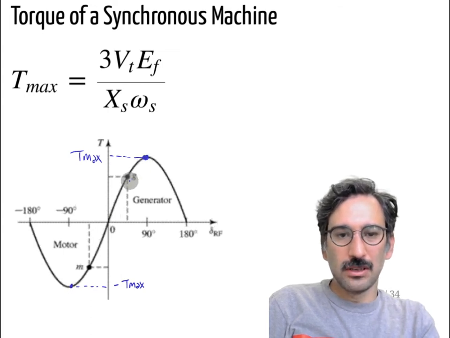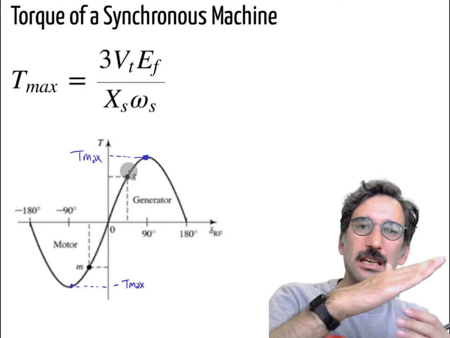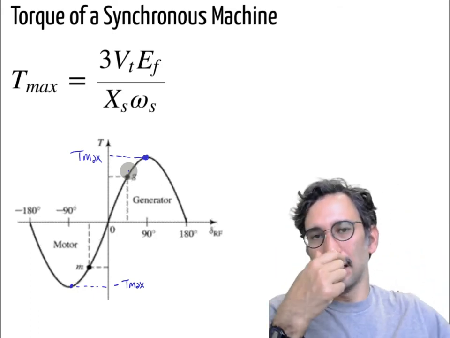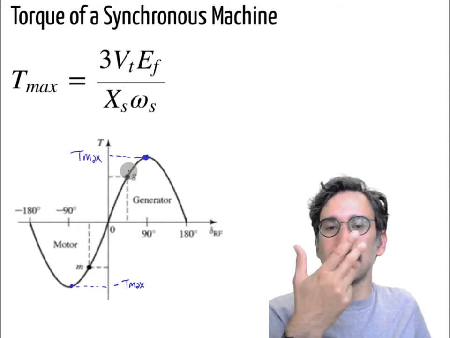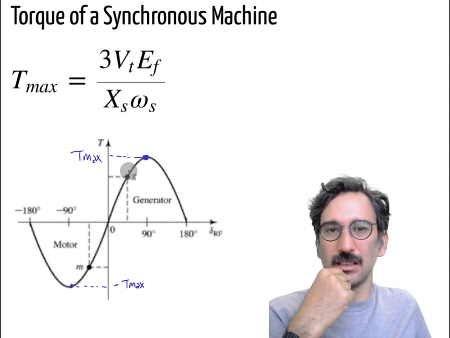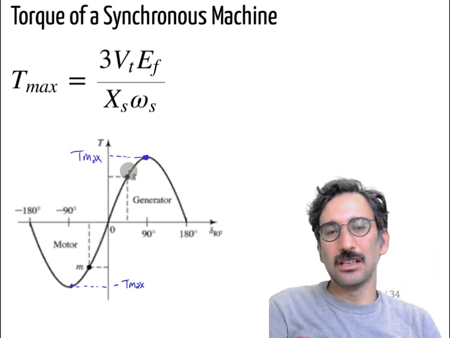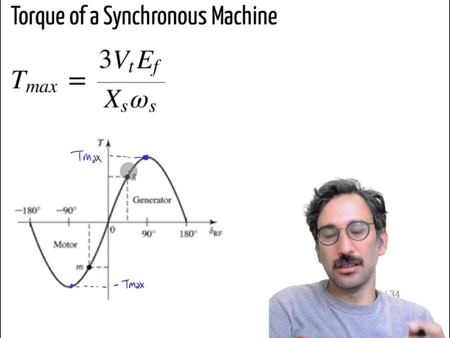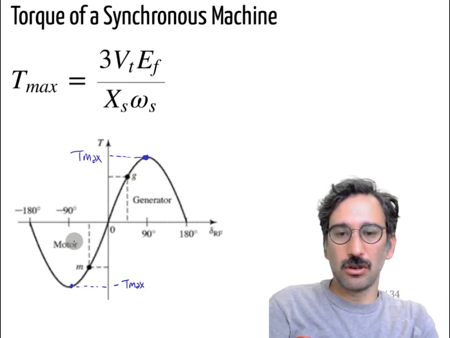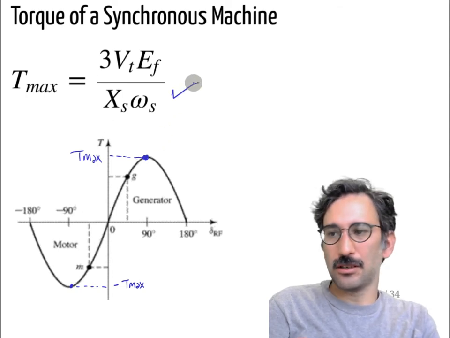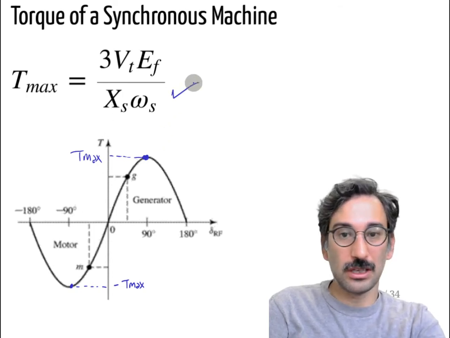So if, for example, my EF is ahead of the terminal voltage, then it is like pulling the MMF, then it is working as a generator. However, on the other side, if my voltage is ahead of the EF, so it is pulling the rotor, so it is working as a motor, right?